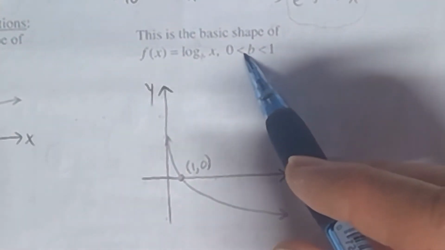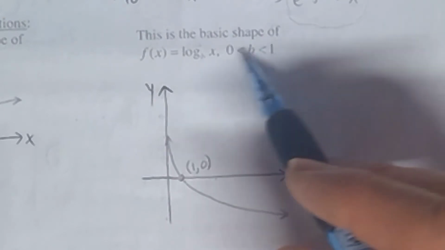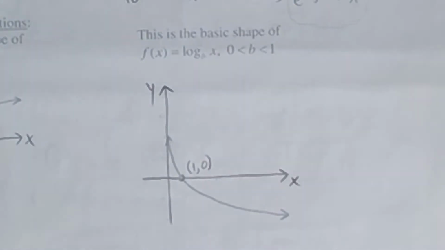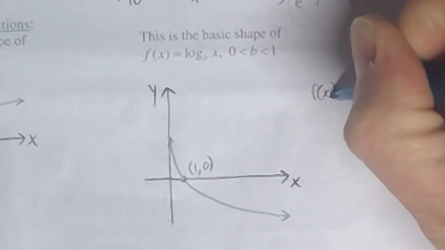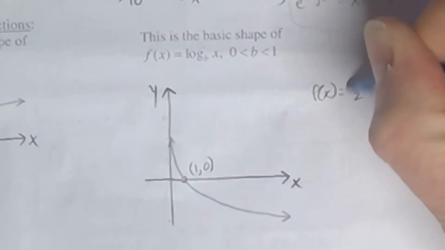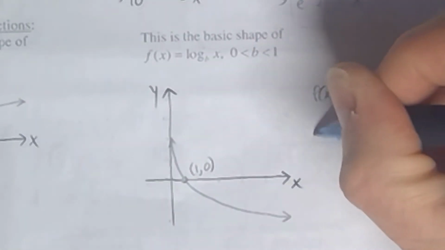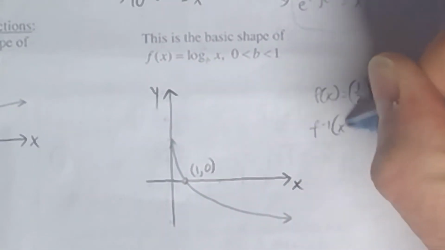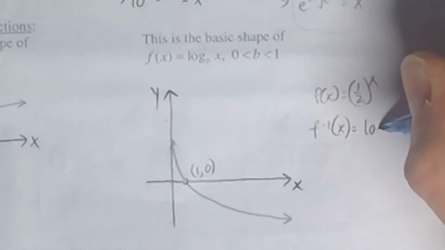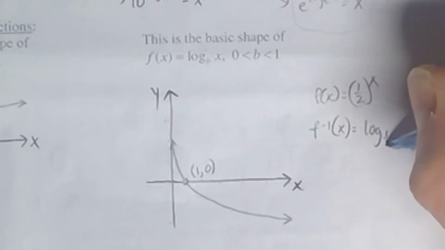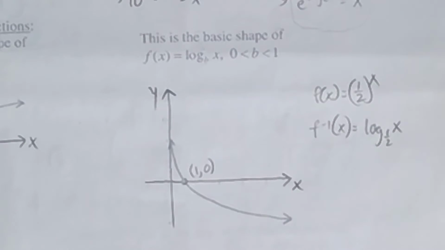Same idea works over here when the base is between 0 and 1, just like when we were talking about those types of things in section 9.1. If f of x is equal to 1/2 to the x, then that means that f inverse of x would be log base 1/2 of x, like that.